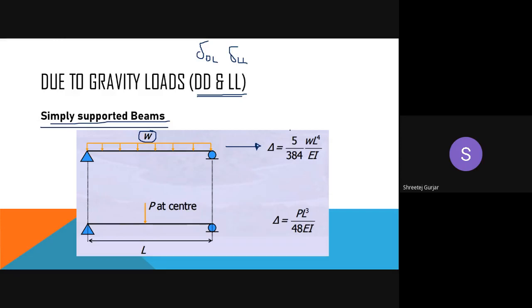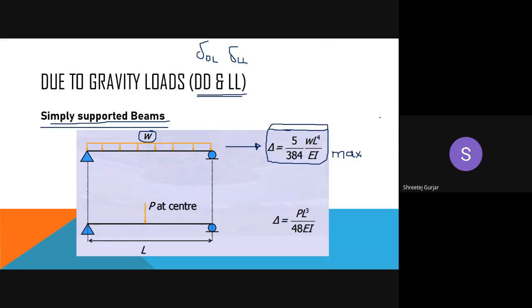So where does this deflection occur? Can anyone tell me where this deflection is occurring? Is it occurring at the support or at the center span? I'll give you a hint: this is the maximum deflection, delta max.